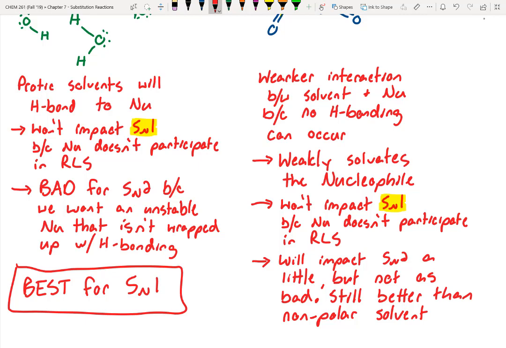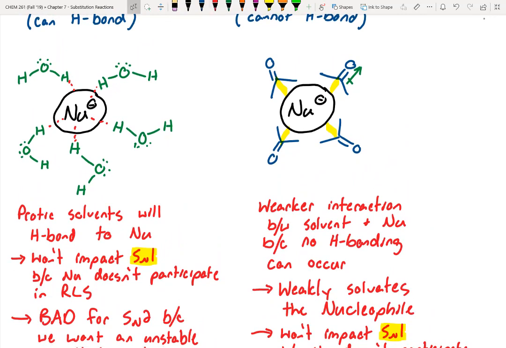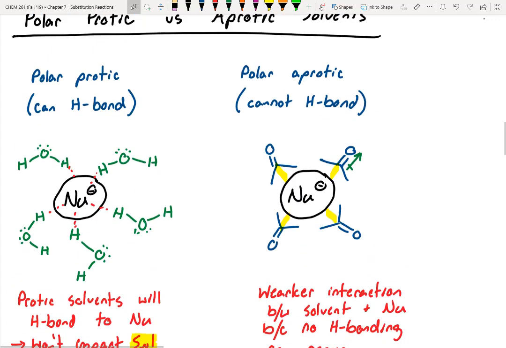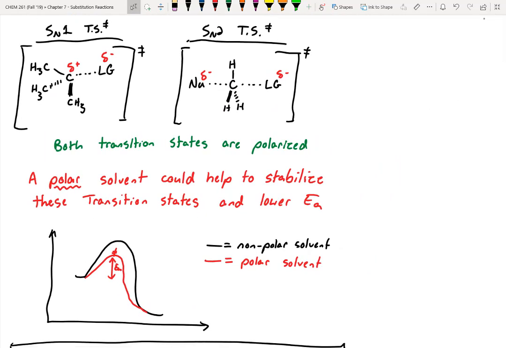Wouldn't the polar molecule not even mix with the nonpolar solvent? Yeah, so first of all, is it going to be very easy to mix a negative charge in a nonpolar solvent? No, so A, it's going to be a crummy solvent. And then up here we said that polar solvents are really important for stabilizing the transition state. So we want a polar solvent, we just want the least bad of the polar solvents. Does that make sense?